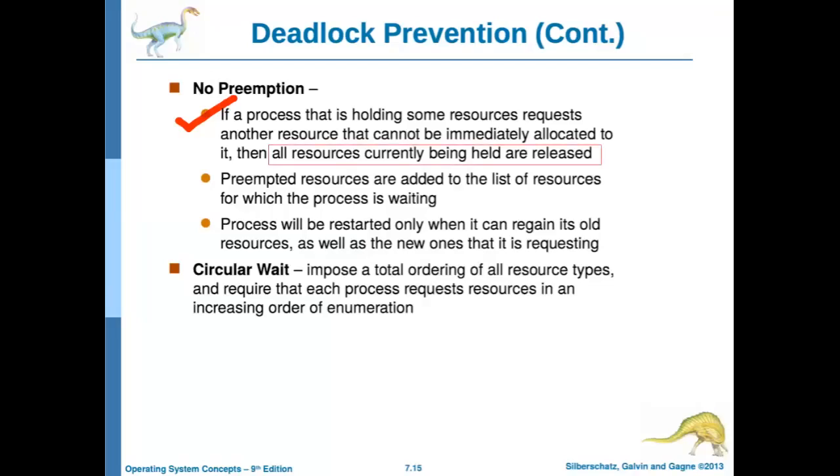R1 is available with me, no problem. R2 cannot be allocated because it is already used by someone else. What this process will do is release R1 also. If I am not continuing with my execution because R2 is not available, there is no point in holding R1.